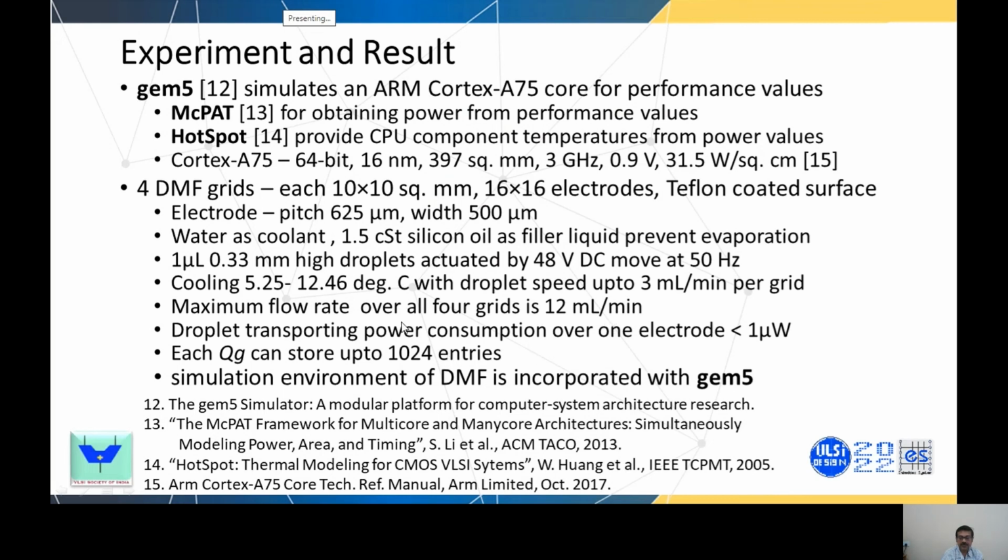So the maximum flow over all grids can be up to 12 milliliter per minute. The droplet transmitting power from one electrode to another is less than 1 microwatt. Each queue in each grid has 1024 entries.